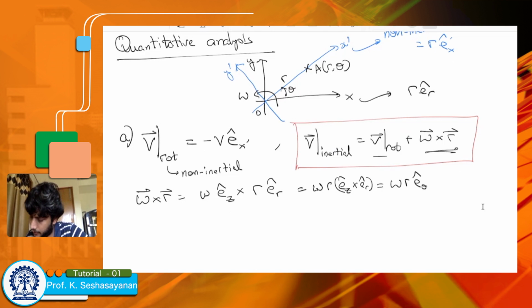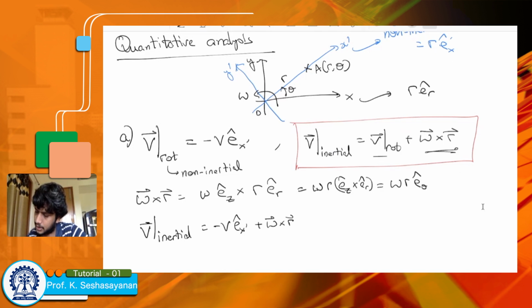We finally get v inertial to be given by minus v e x prime hat plus omega cross r vector. Since e x prime hat is along e_r hat, we write it as minus v e_r hat. Omega cross r becomes omega r e theta hat.